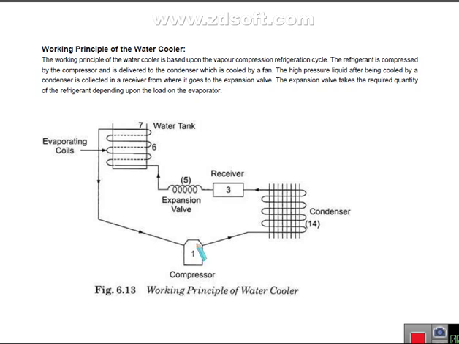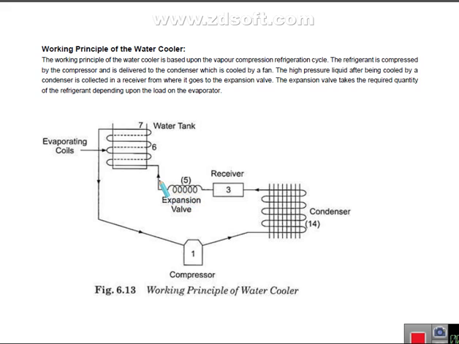After compression, this refrigerant is fed to the condenser side. It is a high pressure, high speed, high temperature fluid flowing through these tubes. At the condenser, that refrigerant is forcefully cooled down at high pressure. When the temperature decreases, it is fed to the receiver side, where it goes to an expansion valve.